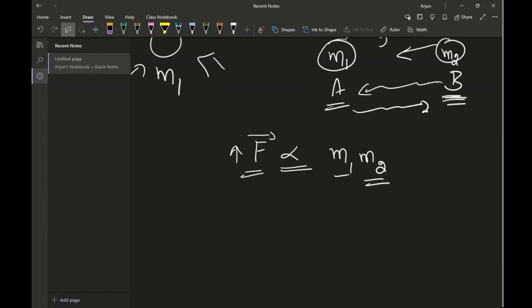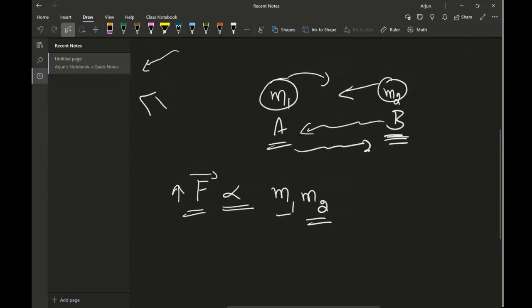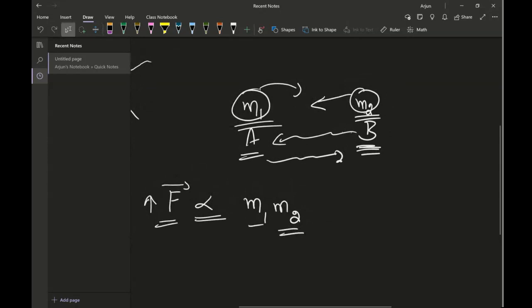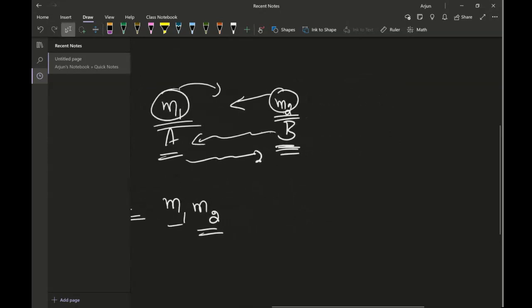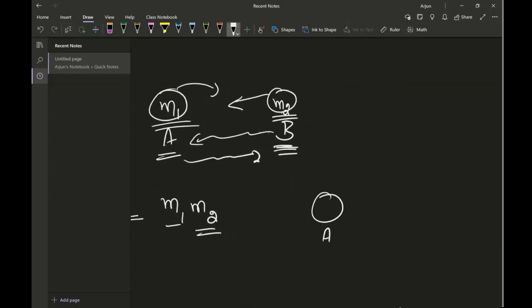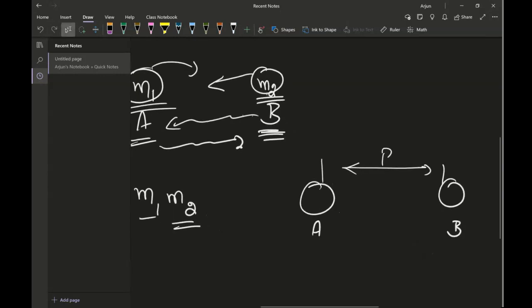And he also said that it not only depends upon the mass of the two bodies, it also depends upon the square of the distance between the two bodies. For example, if this is again body A and this is body B, and the distance between these two bodies is R, one thing I wanted to tell you is that the distance is always measured from the center of the two bodies, not from the sides.